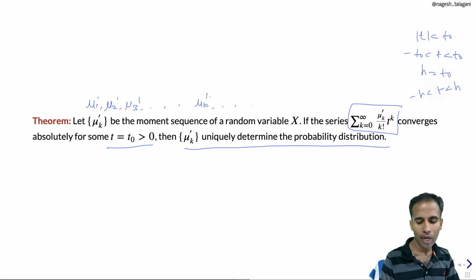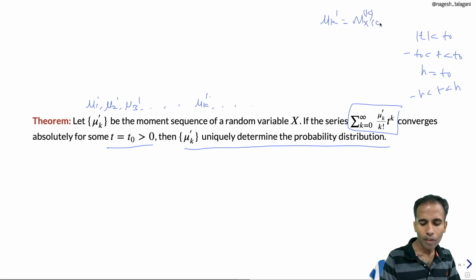Okay, and we also know that the kth non-central moment mu k dash is actually the kth order derivative of the MGF at 0.